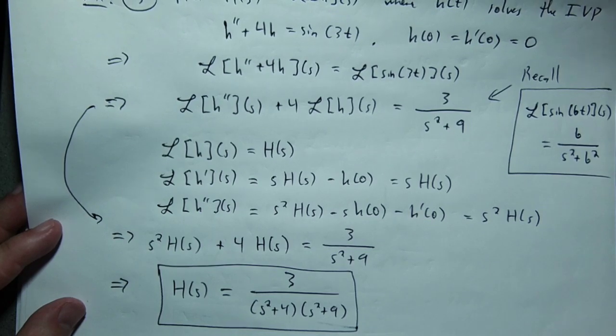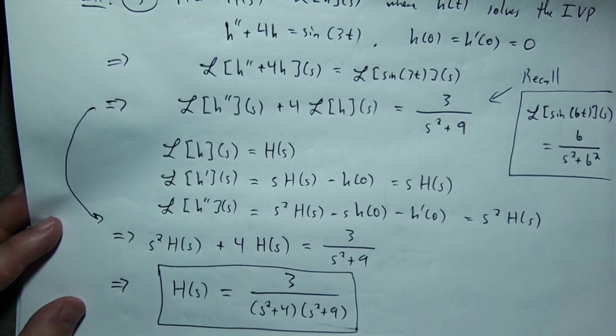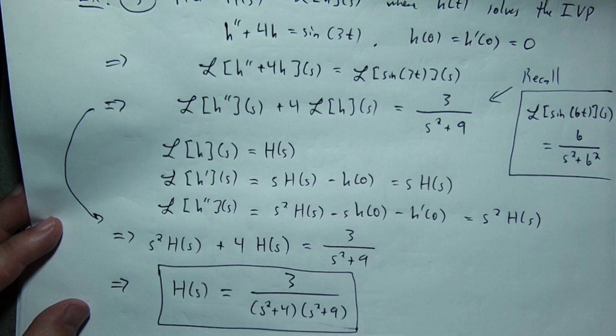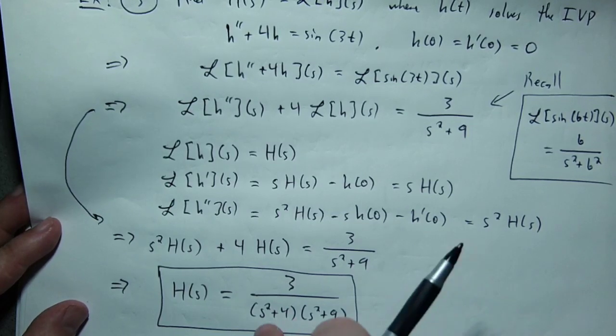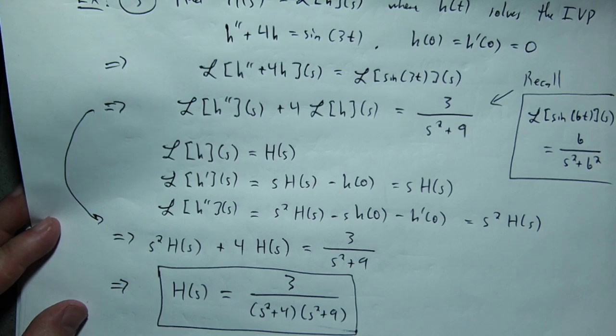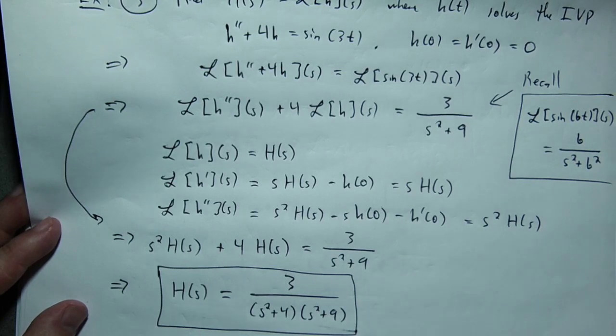The idea in applying an inverse Laplace transform would be to look at entries in the Laplace transform table, the entries on the right, and say, do I see anything like this on the right? And the answer is no, not really.